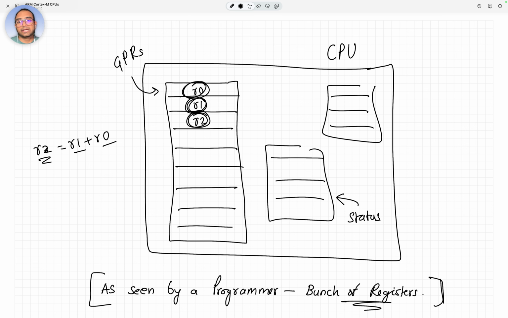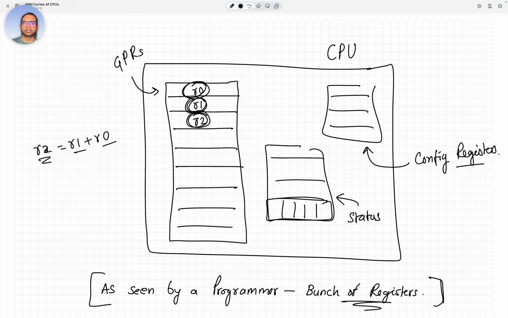For example, did the addition come out to be a negative number? Did the addition come out to be zero? Did the subtraction come out to be zero? All of those states are represented by values of different bits in some registers, and those are called status registers. Then there are certain other registers which control what the CPU can do, and those are called the config registers.